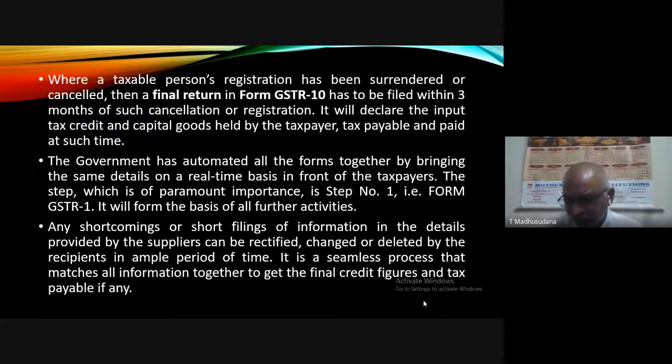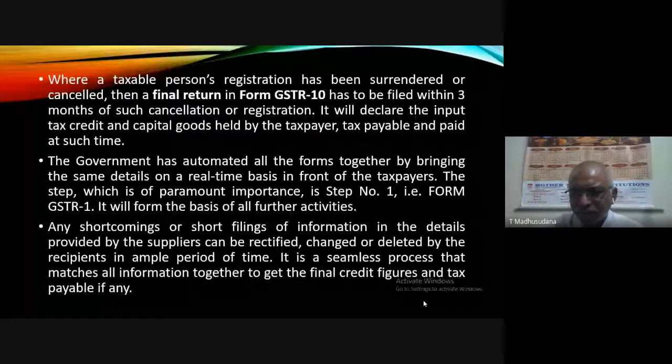Therefore, submission of data, correction, validation and confirmation is a continuous process. If everybody provides correct data, then the input tax credit availability will be done seamlessly and the tax will be collected properly by the government.